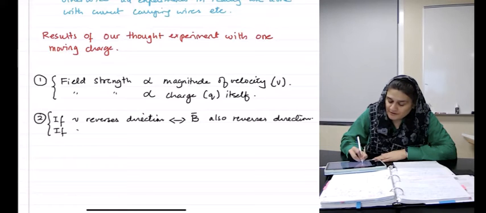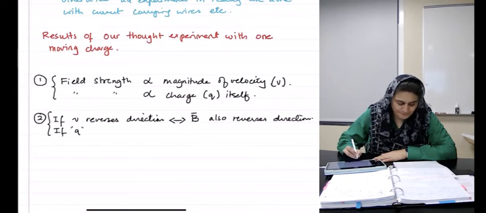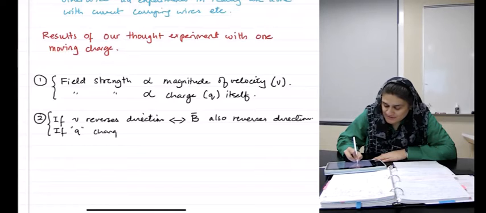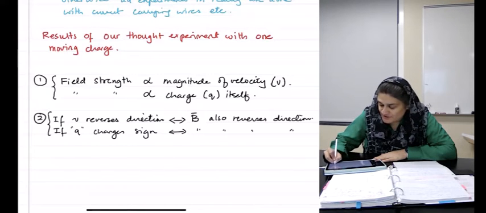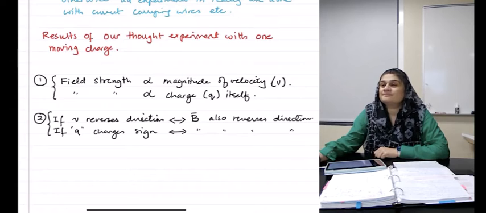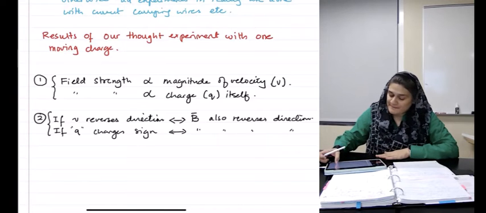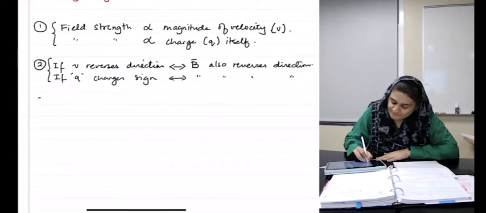If Q changes sign, B also reverses direction. So far, so good? Okay.